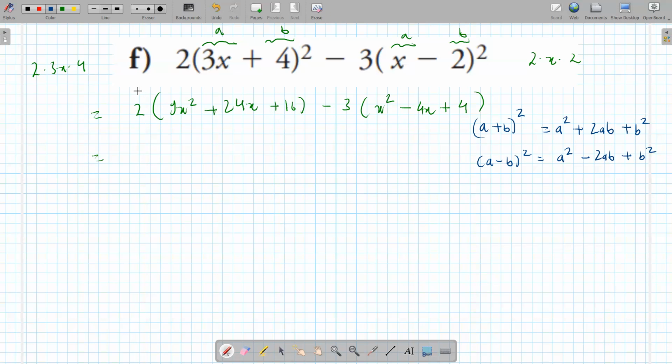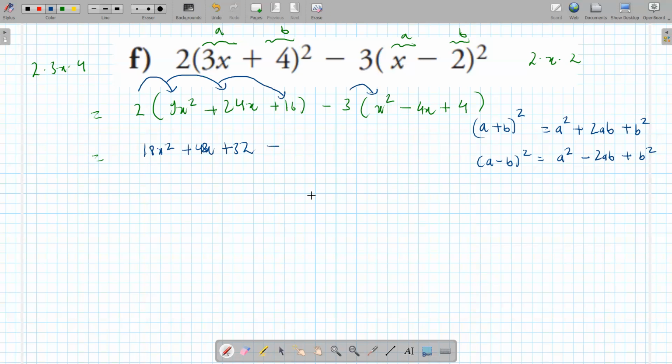Now we have to FOIL it. 2 times 9x squared, 18x squared. 2 times 24x, 48x. 2 times 16, 32. What's the next term if you FOIL this? What's negative 3 times x squared?